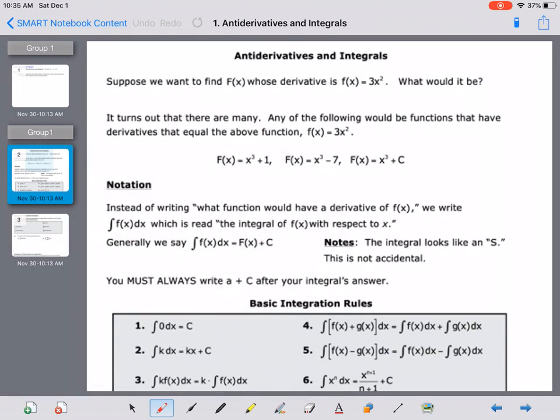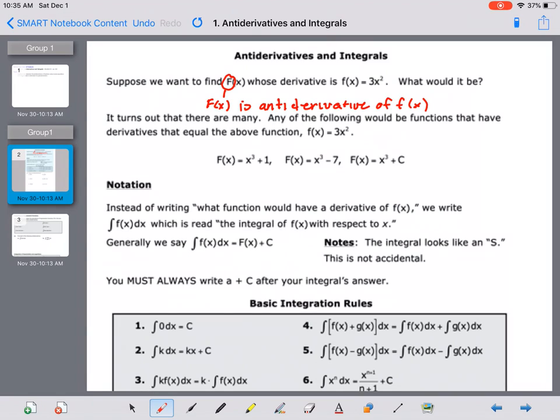Anytime we use a capital letter to imply functions, that means F of x is the antiderivative of lowercase f of x. So we use capital letters for function notation to represent antiderivatives.